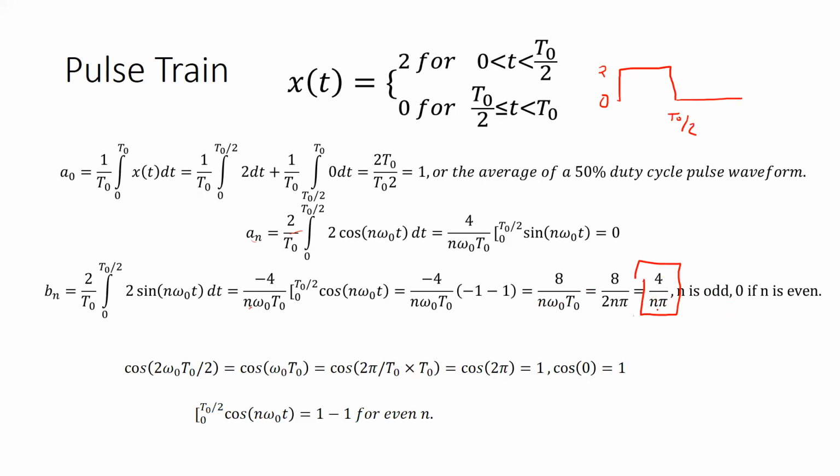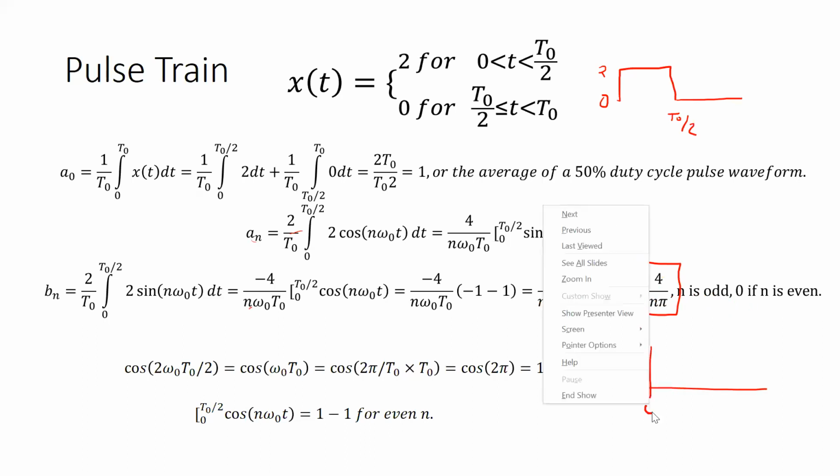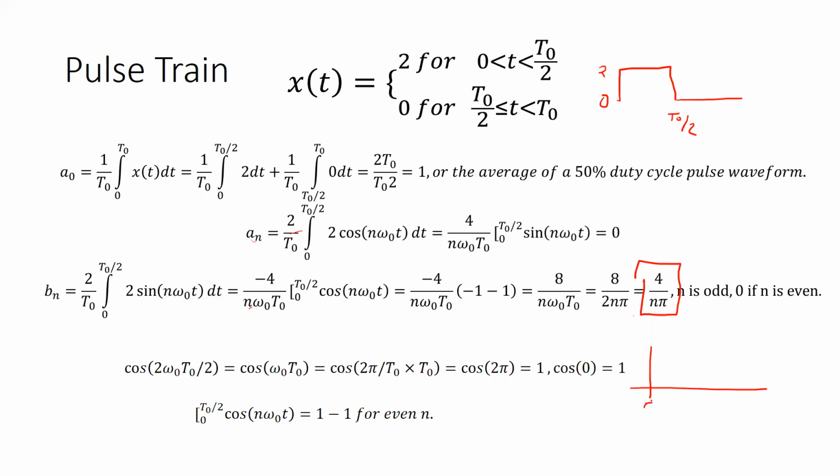So really, you would have a Fourier spectrum. You'd have your average here at 0. You have your fundamental frequency at omega 1. It skips omega 2, and then you have something at omega 3. It skips omega 4. You have something at omega 5. And you can see that it goes down.